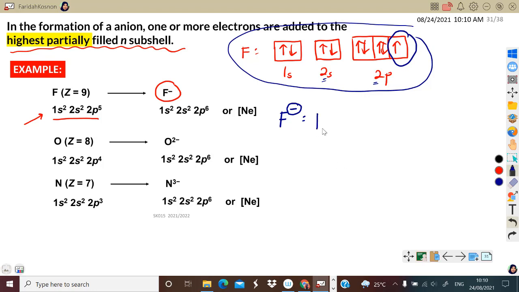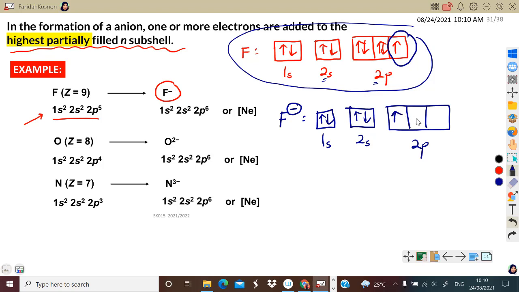So that's why dia akan jadi 1s2, 2s2, and 2p. Sekarang jadi 2p berapa? So you tengok tadi, dia telah accept satu elektron, saya buat guna warna merah, 2p6.